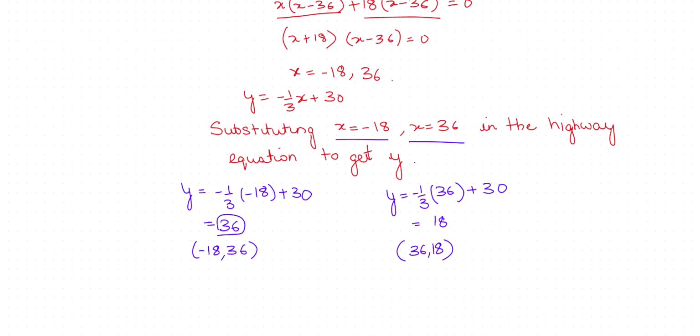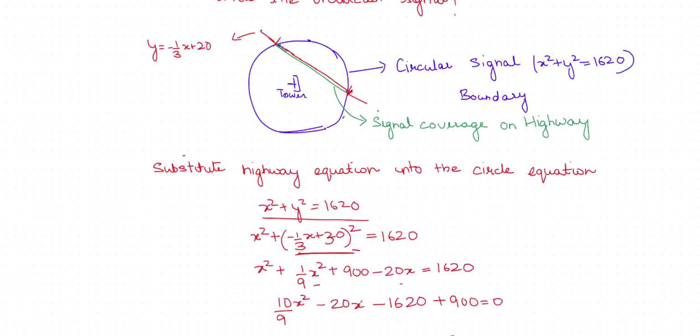So these are the coordinates of the two points, negative 18, 36 and 36, 18. Basically, these are the points here.